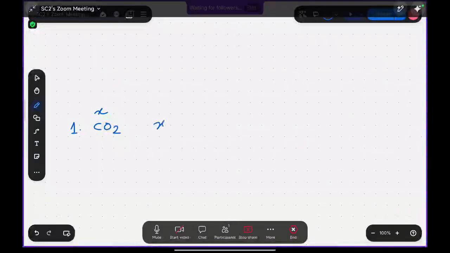So X into 1, because only one carbon atom is there, plus minus 2 into 2, because there are 2 oxygen atoms, is equal to 0.